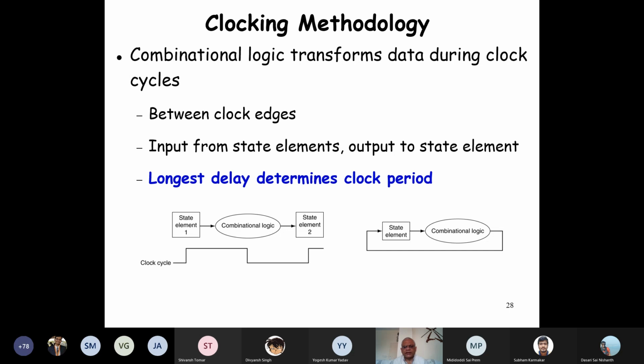The longest delay among all the combinational logic elements determines the clock period. And this is the state element. Combinational logic drives the state element. So it gets from the state element and drives the state element. We'll stop here.